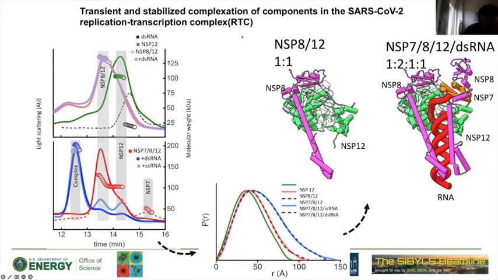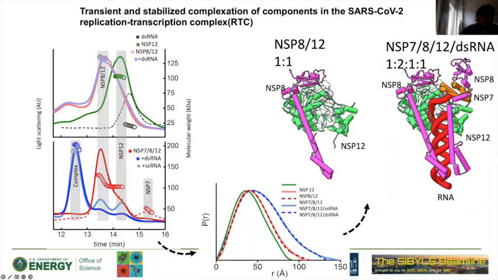So there was a great project on the replication transcription complex, a huge complex of multiple pieces. They call it NSP12, the polymerase, where NSP7 and NSP8 are the cofactors. SEC-coupled SAXS with MALS was crucial to really separate these transient complexes and find out what's happening.